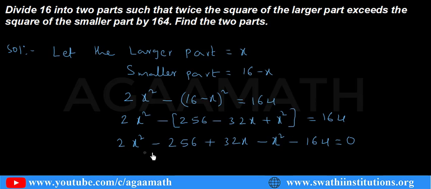Now 2x square minus x square equals x square, plus 32x, minus 256 minus 164, that is minus 420, equals 0. So this is the equation we have got: x square plus 32x minus 420 equals 0.